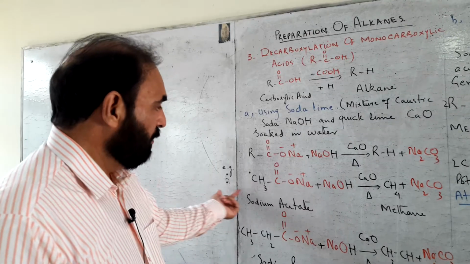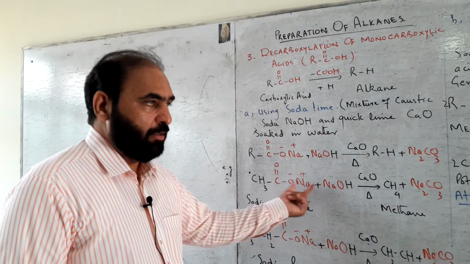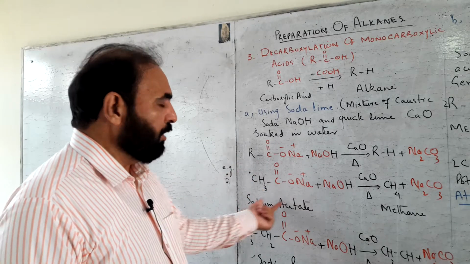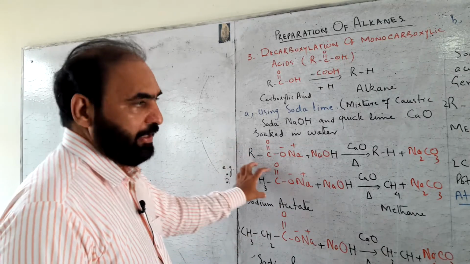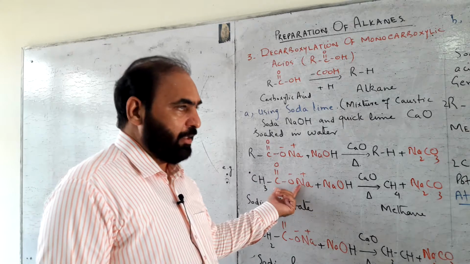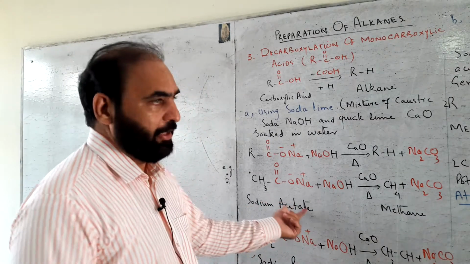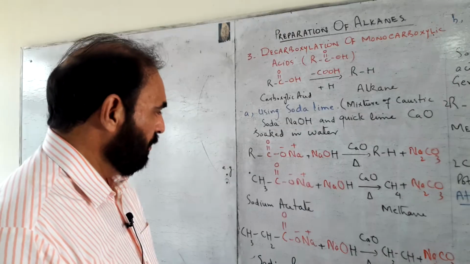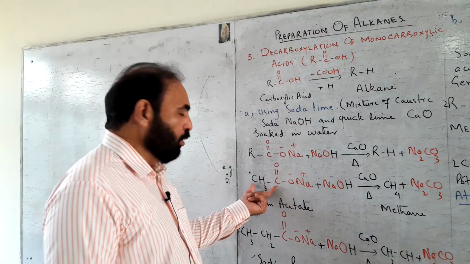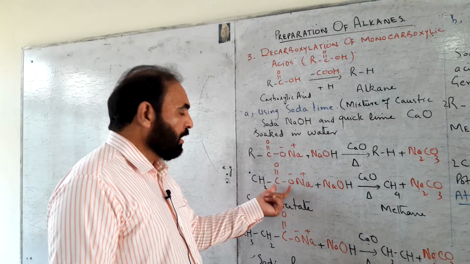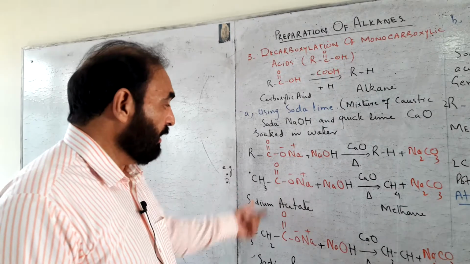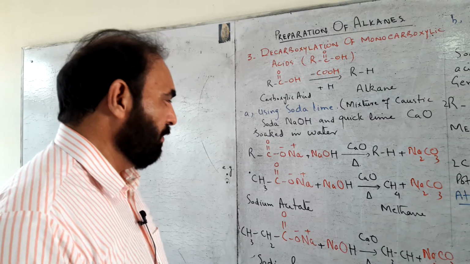For example, if we have a salt, sodium acetate, in which R is CH3, this salt is given the name sodium acetate, the sodium salt of acetic acid. A carboxylic acid with two carbon atoms, one carbon of the carboxyl group and a second of the alkyl group, is called acetic acid.